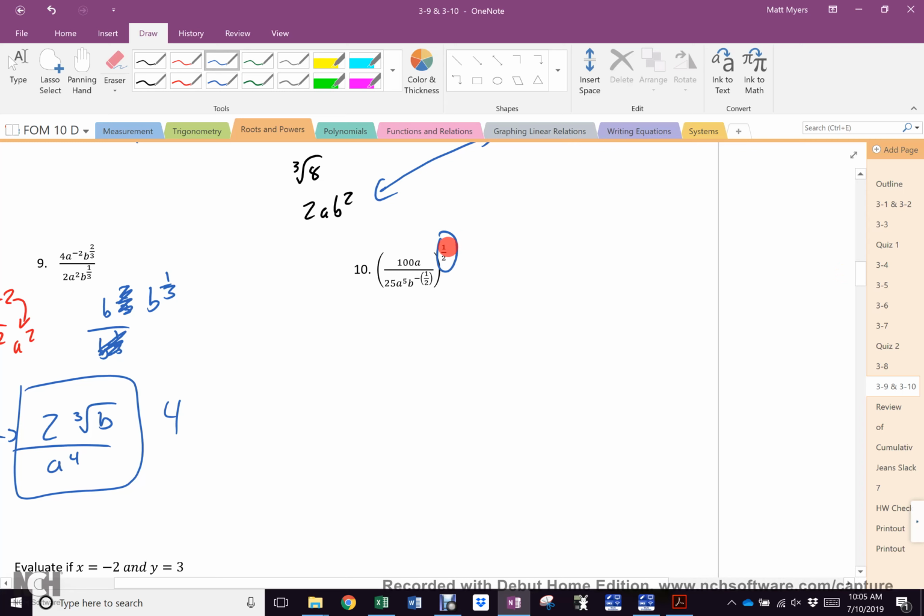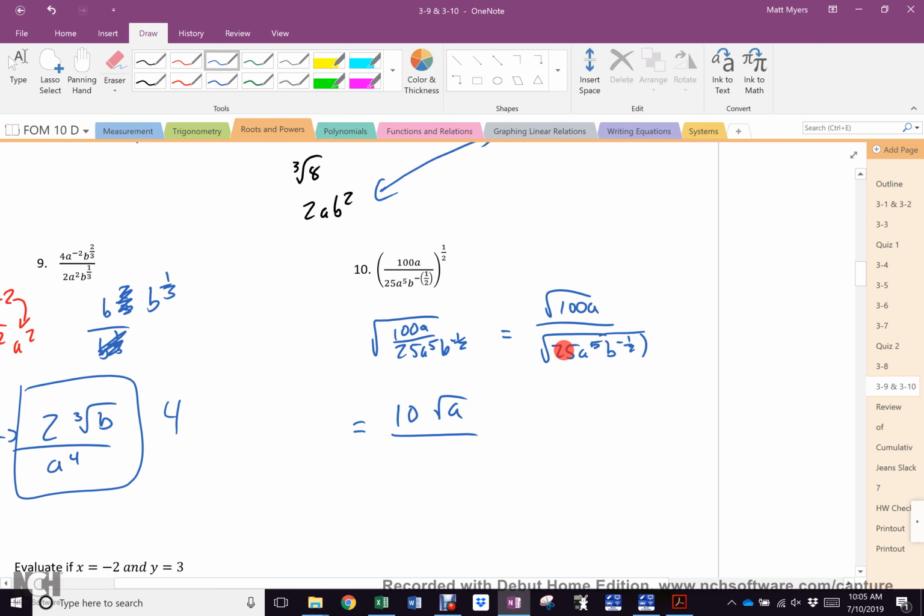You would notice that isn't this the same as square root, that whole thing? Okay. So could I take the square root of 100a over 25a5b to the negative 1/2? All right. Well, isn't that then the square root of 100a over the square root of 25a5b to the negative 1/2? All right. What's the square root of 100a? 10 square root a, right?